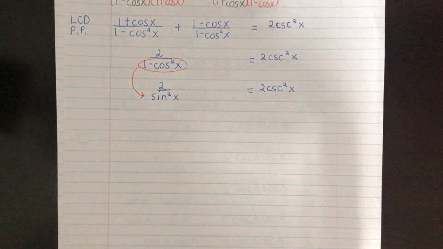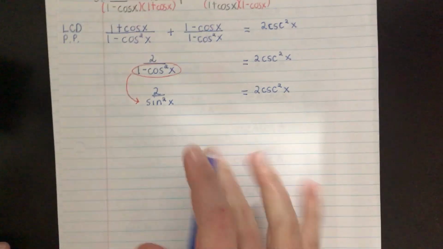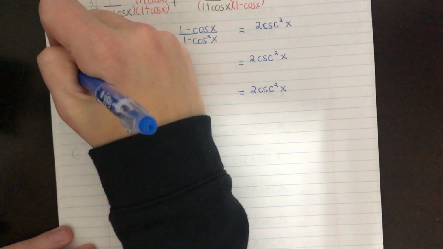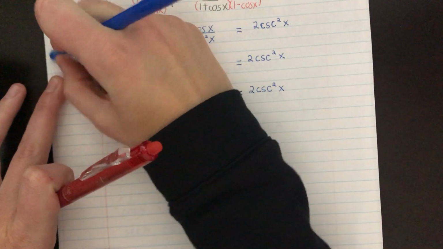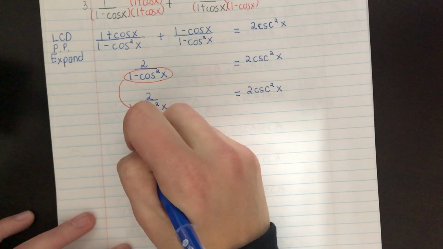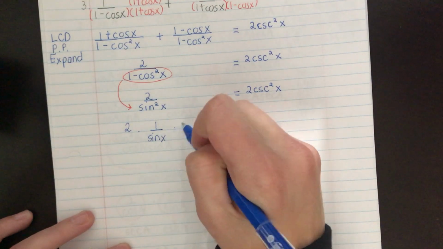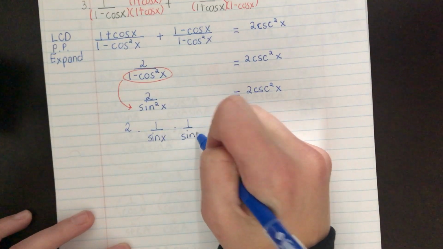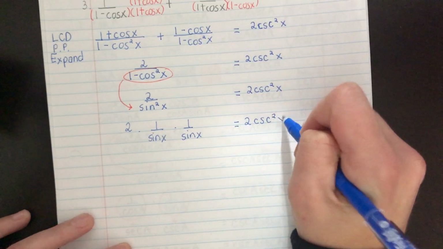All right. So then, of course, you're going to expand because you've got this sine squared. So you would have 2 times 1 over sine of x times 1 over sine of x should equal 2 cosecant squared of x.